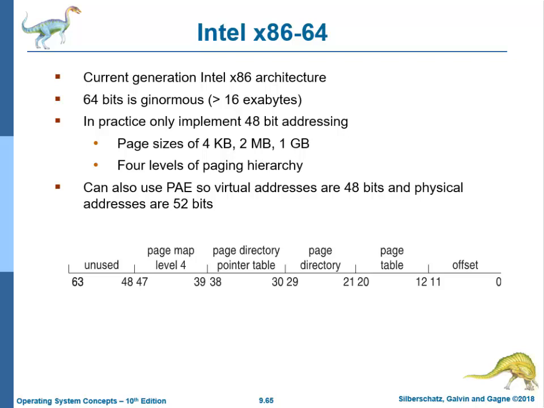This figure shows the linear address. Because this addressing scheme can use PAE, virtual addresses are 48 bits in size, but support 52-bit physical addresses.